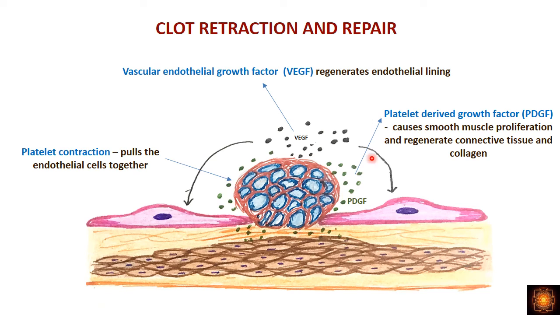Along with that, we have certain platelet derived growth factors which cause the smooth muscle proliferation, and also this helps in the regeneration of the lost collagen. So in this way, when the platelets contract and release the growth factors, they bring together the endothelial cells. They help in the regeneration of the endothelial cells, and also the regeneration of the smooth muscle cells and the lost collagen.